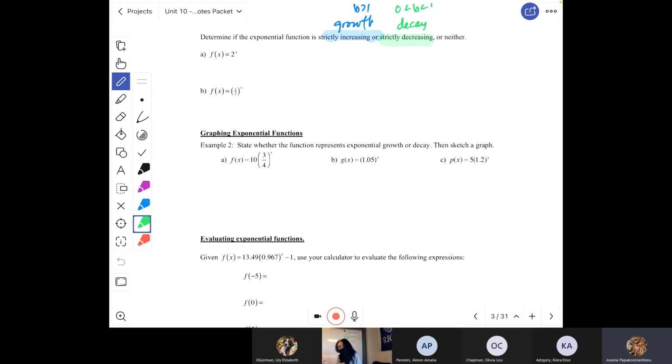Is it even an exponential function? First one, is it growth or decay? Is it strictly increasing or decreasing? It is increasing. B equals 2, so b is greater than 1, so it is growth. Okay, what about the next one? It is decay. So b is a half, so b is a number between 0 and 1, so it is decay, so it's strictly decreasing.